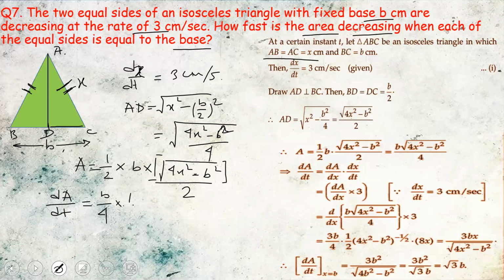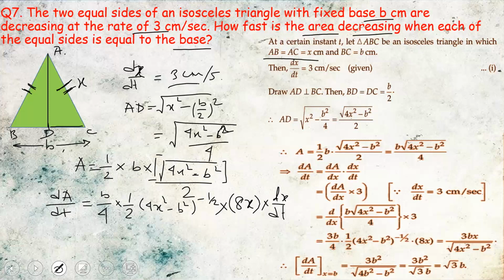So half of 4x square minus B square to the power minus half into the derivative of 4x square, which is 8x, and according to the chain rule, dx/dt will come.